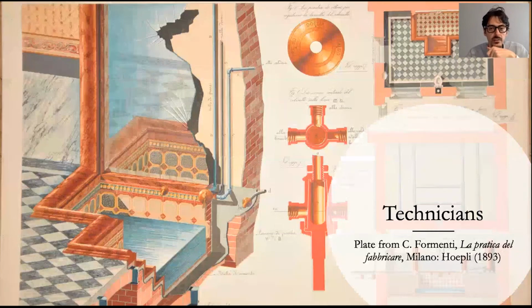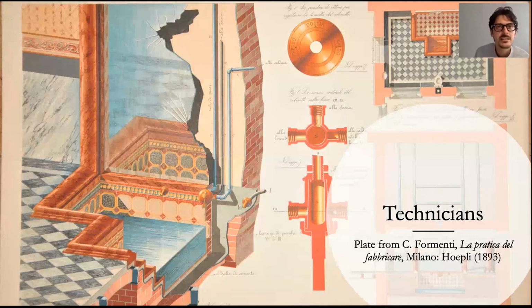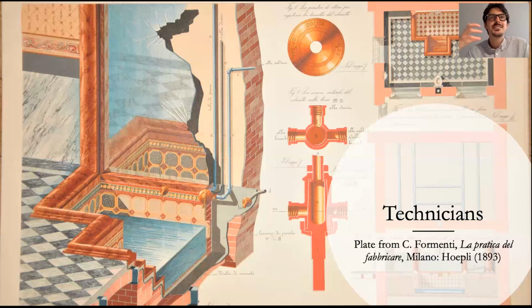The second respondents of handbooks are technicians in general. By means of handbooks, architects start to understand first how buildings are made. So they negotiate their legitimization as creators of buildings with other technicians.